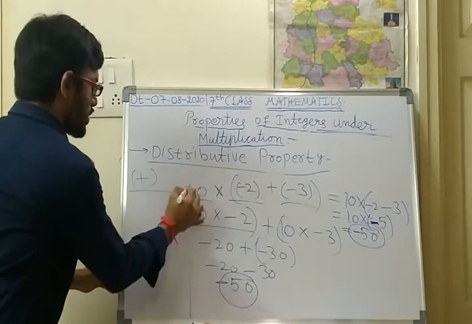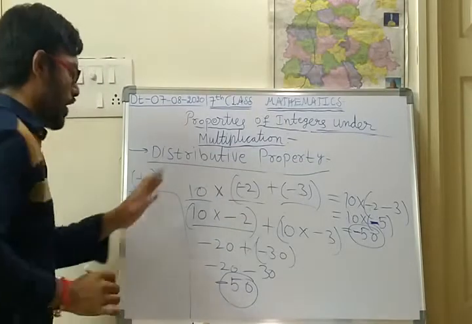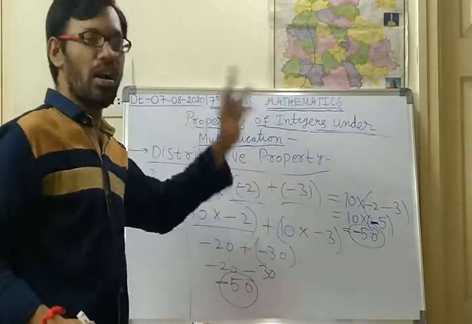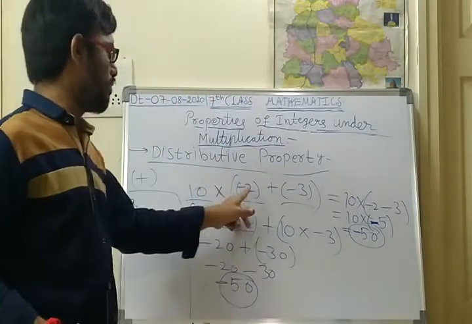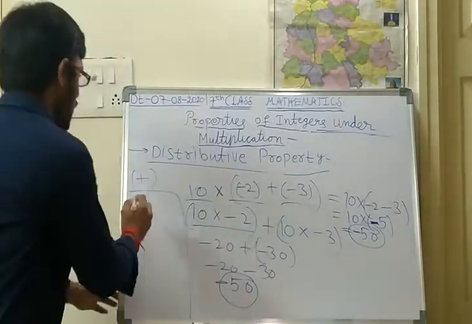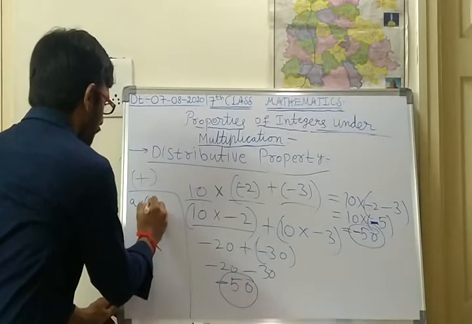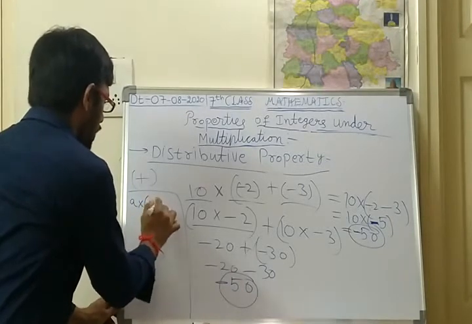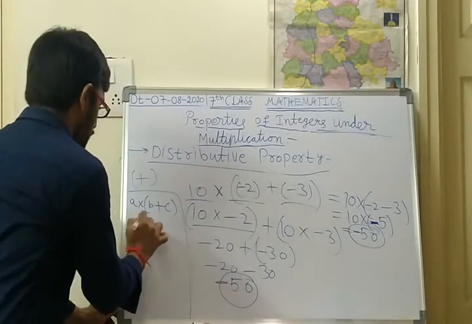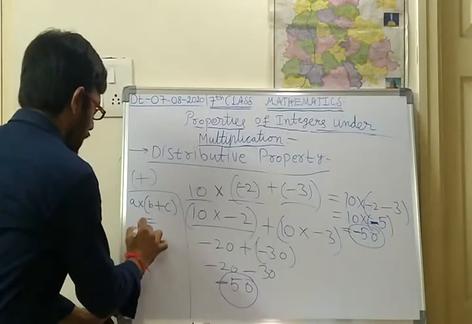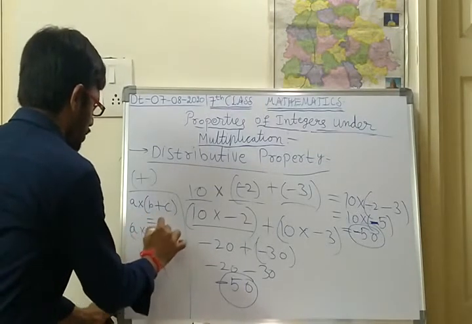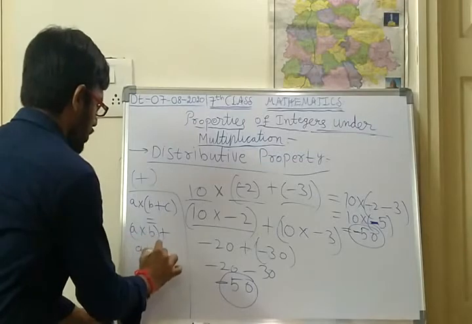So this is one integer a. If a, b, c are any three integers, a into bracket b plus c is equal to a into b plus a into c.